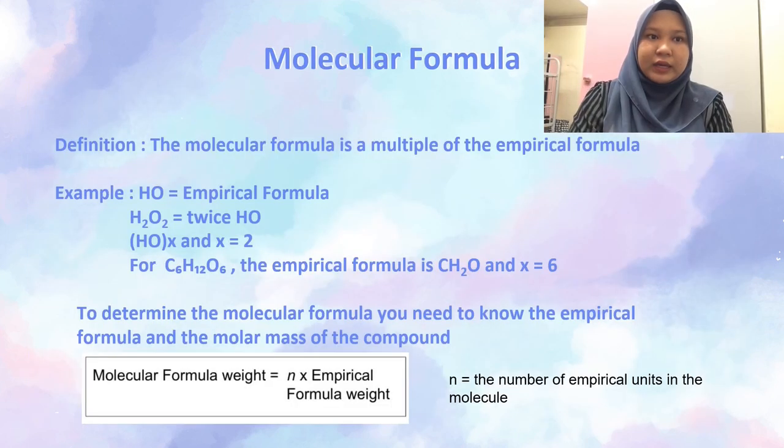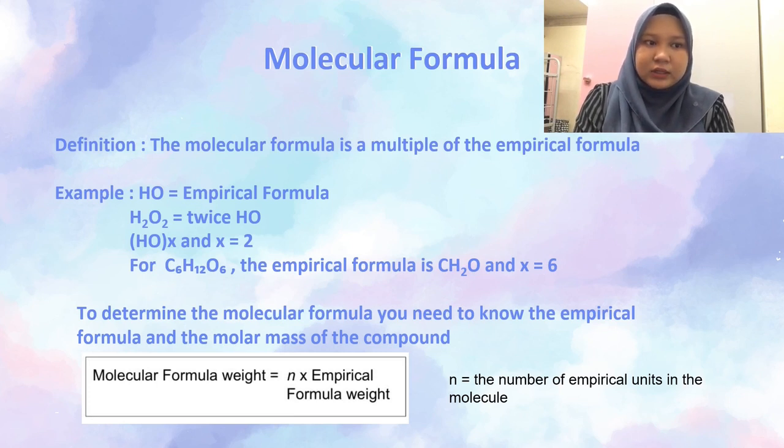Then what is the molecular formula? The molecular formula is a multiple of the empirical formula. For example, HO is the empirical formula, and H2O2 is twice HO, so the molecular formula is divided by X where X equals 2.